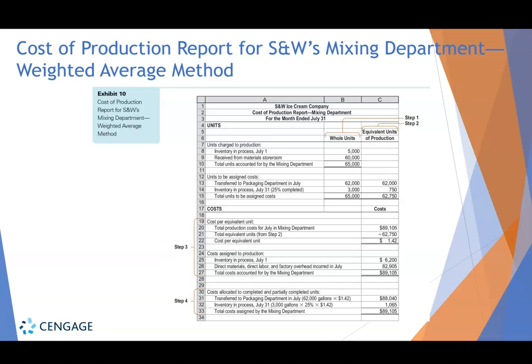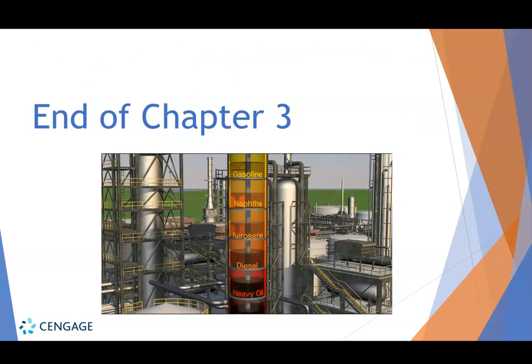So step 3 shows the costs that get assigned to production will be what we began the period with, and then all the costs added in the month, which would total the $89,105. And you can allocate those costs by showing what was transferred to the next department times $1.42 and what's on hand at the end of the period times $1.42.